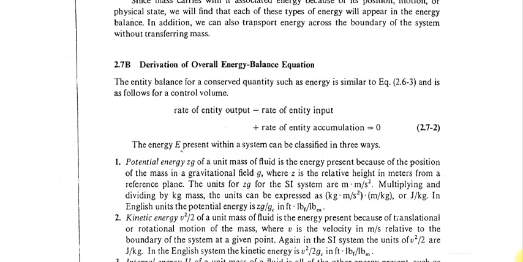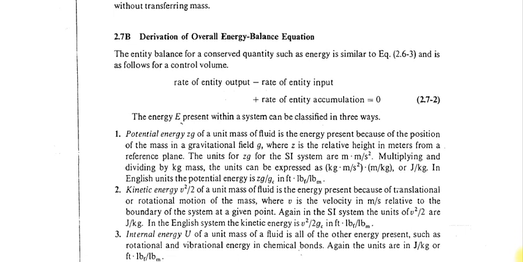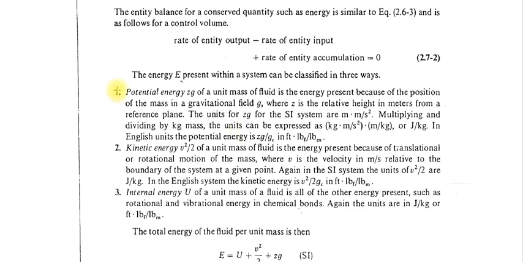So we can write the overall energy balance equation: rate of entity output minus rate of entity input plus rate of entity accumulation in a system is 0. Here the entity is energy. There are 3 types of energy which we can define. The first 2 are the mechanical energies, that is potential energy and kinetic energy.